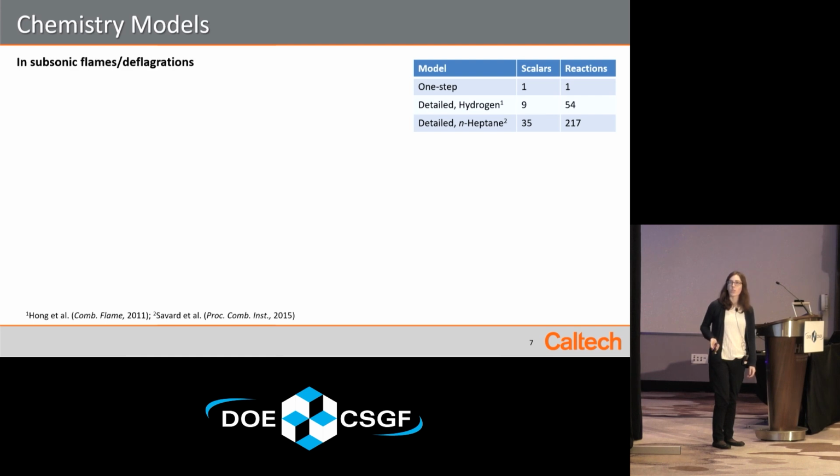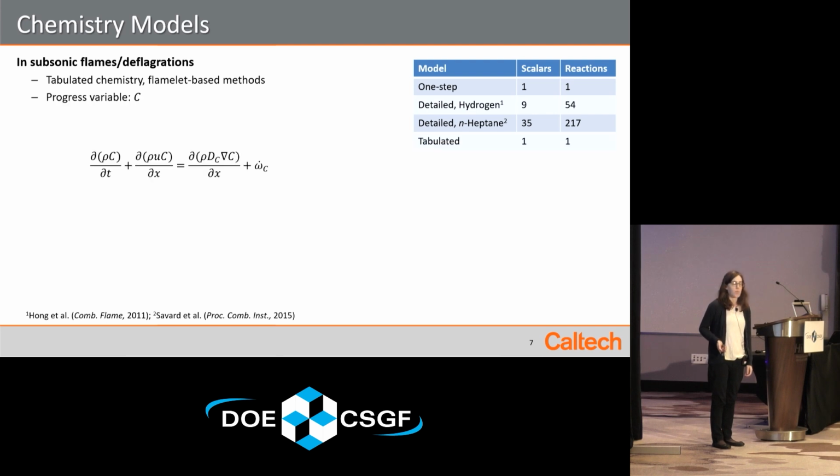But another approach that's been commonly used for flames, so not detonations, is what's called the tabulated chemistry approach, where we have a progress variable C transported according to this PDE. And what this progress variable does is it tracks the progress of your reactions from the unburnt reactants to the burnt products.